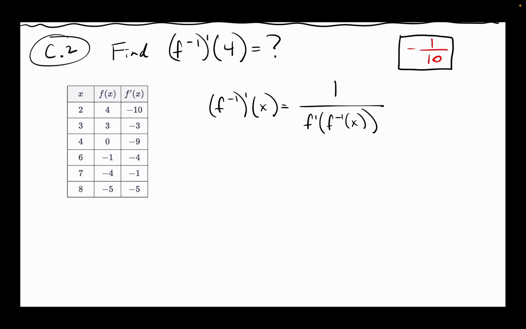So what's the first step I got to do if I'm doing this? Replace the x. Personalize it so that it's what you're trying to solve. So it's 4, right? First step.